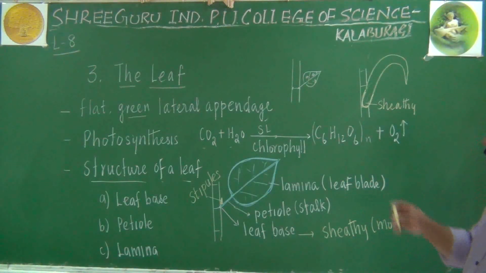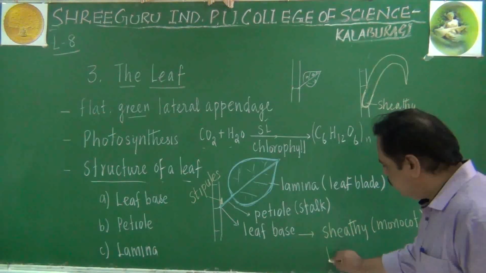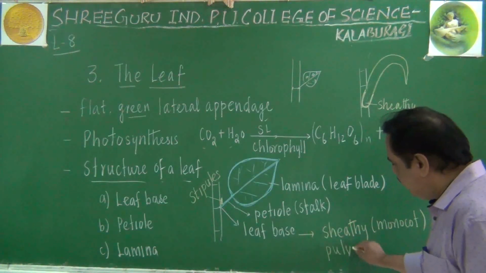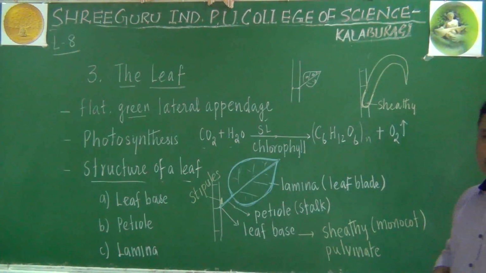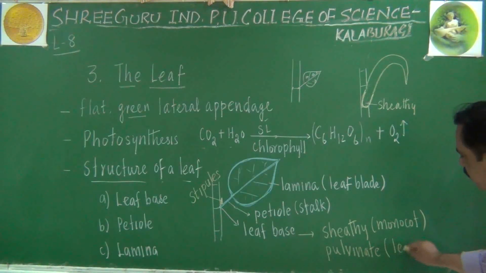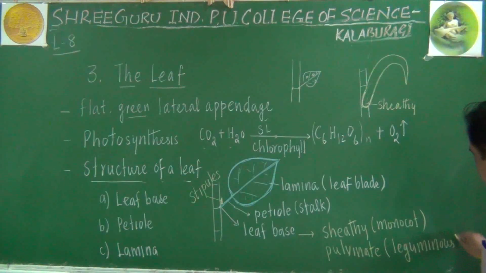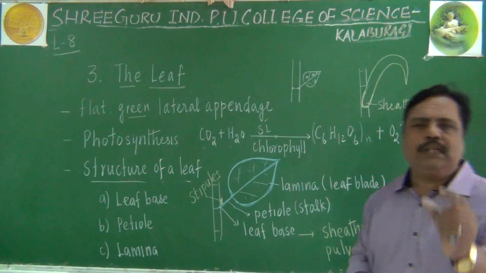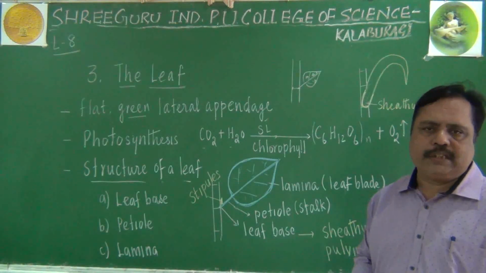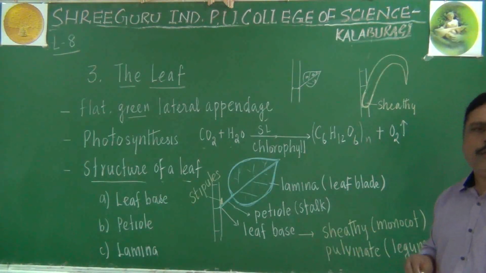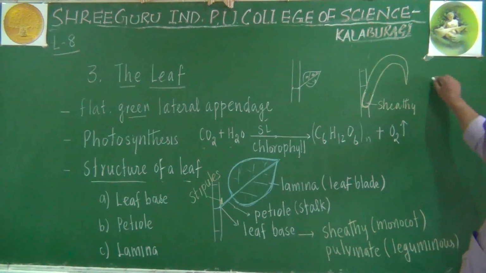In some other plants, the leaf base will be known as a pulvinate leaf base. This pulvinate leaf base will be found in leguminous plants, remember. Leguminous plants, dal varieties, pulse varieties, contain a pulvinate leaf base. What does pulvinate mean?